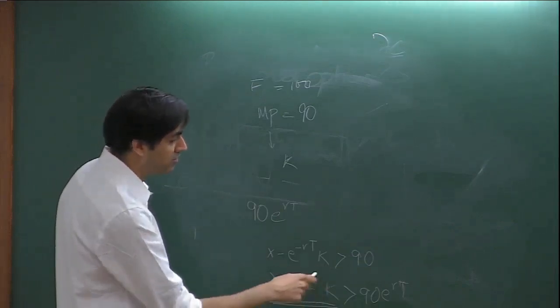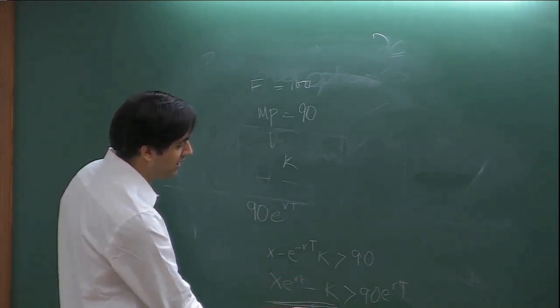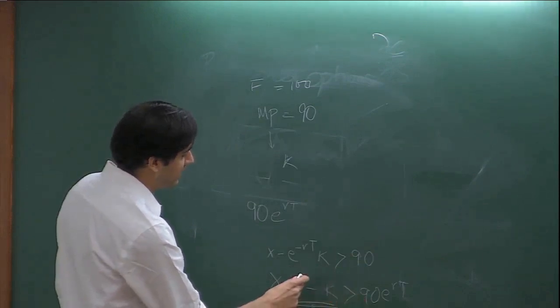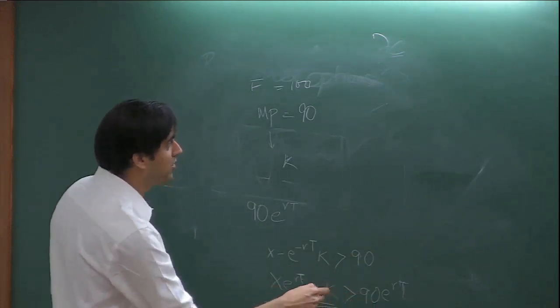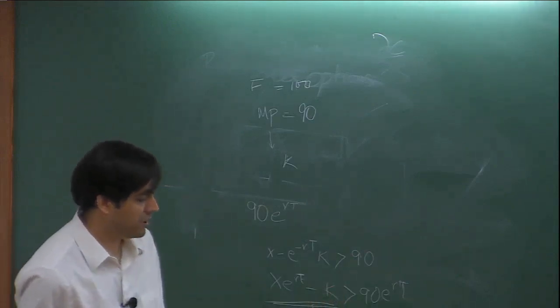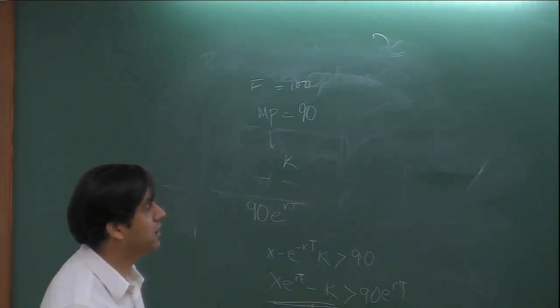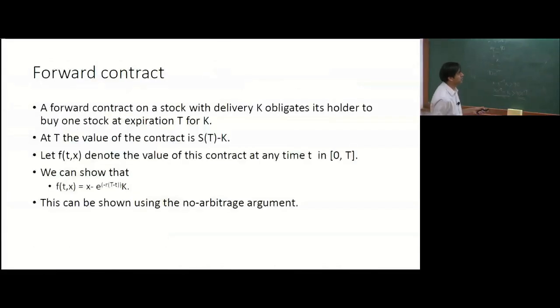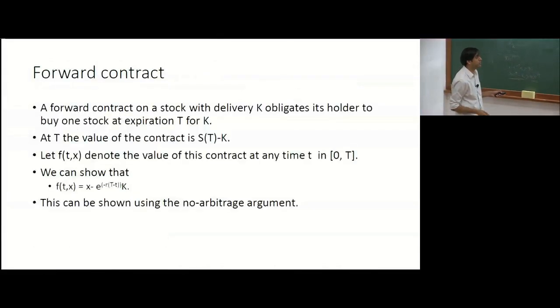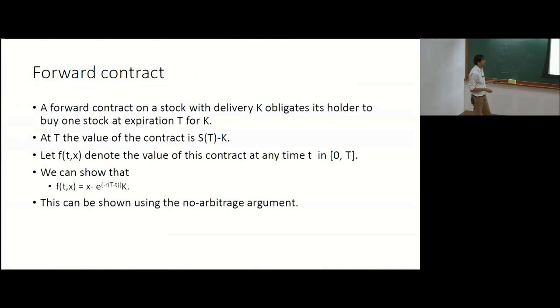This would be the value of the forward contract at the maturity, and therefore you see that you're always going to make a profit in this case. So the point is that if the forward price is not equal to this, there is an arbitrage opportunity which can be immediately realized. You do not have to wait. You can just lock in your profits by entering into this combination of trades.